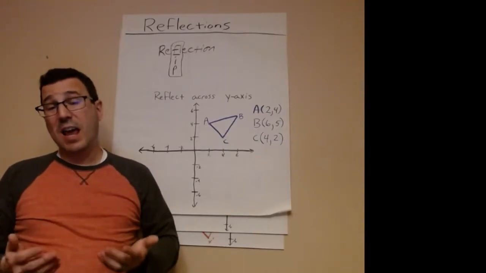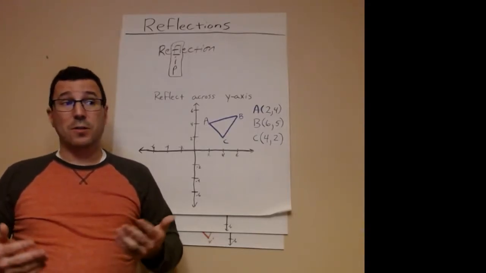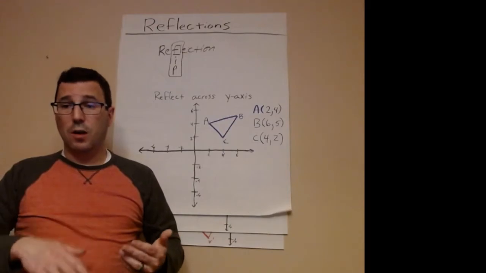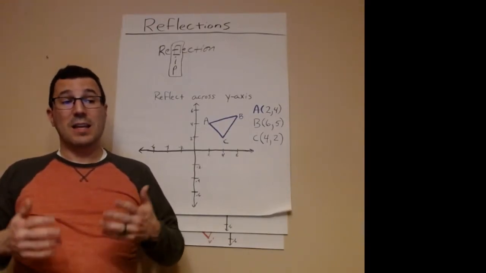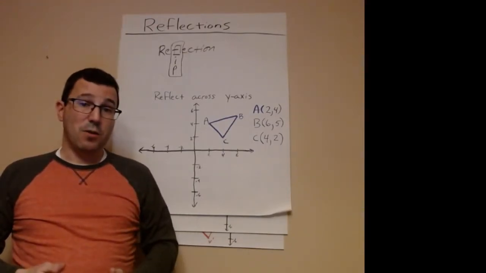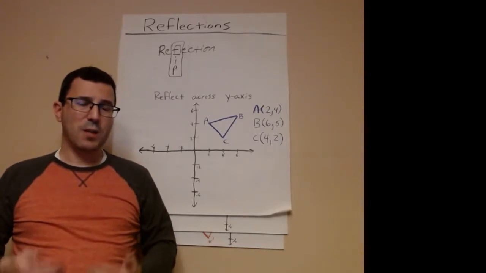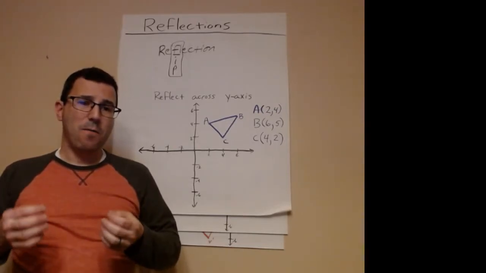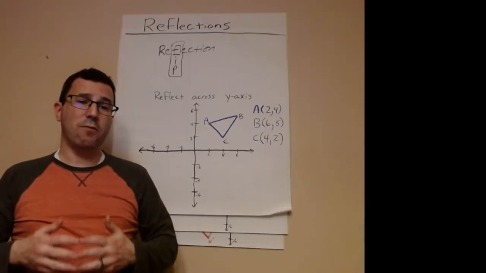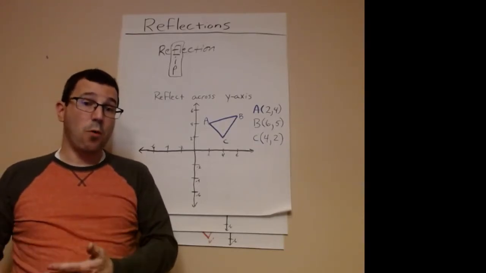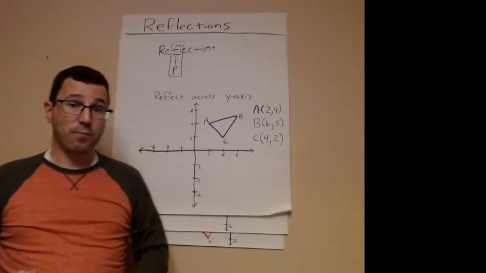But really, any reflection across any vertical or horizontal line is not that difficult, because all we're really doing is seeing how far from our line of reflection the point is that we're reflecting.